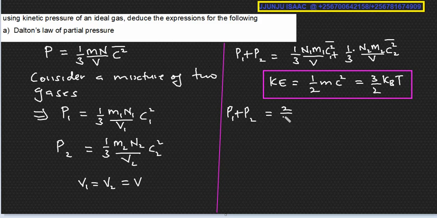So we shall get 2 over 3, N1 over V, times, now I have to divide by 2, so I have a half m1 c1 squared. I do the same in the last term: I will multiply with the 2, so N2 over V times a half m2 c2 squared.